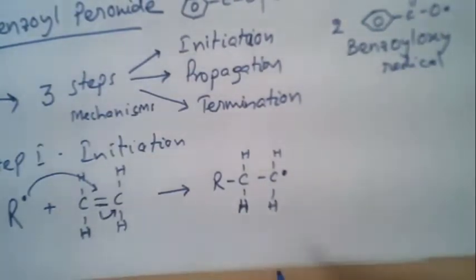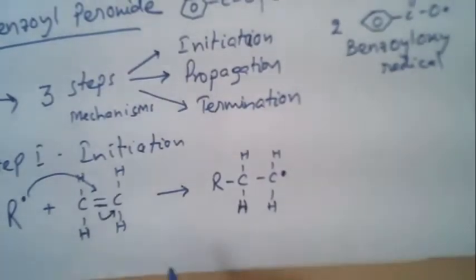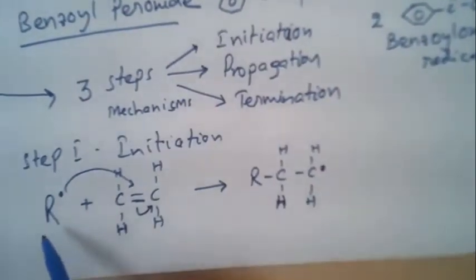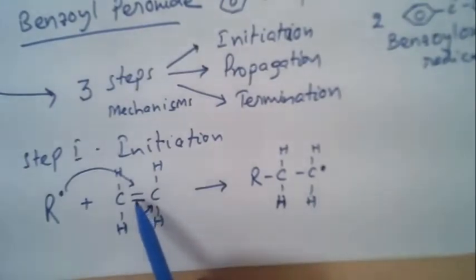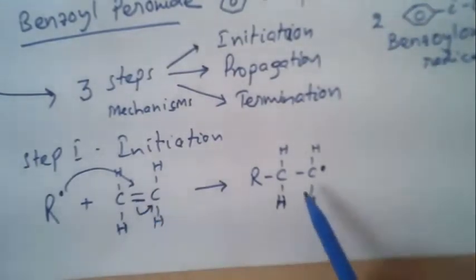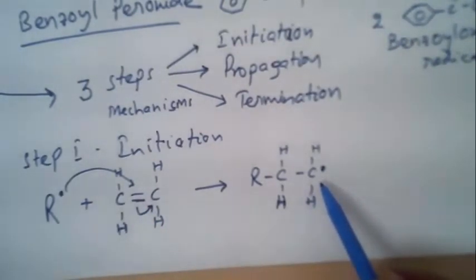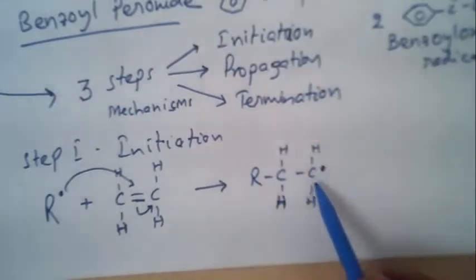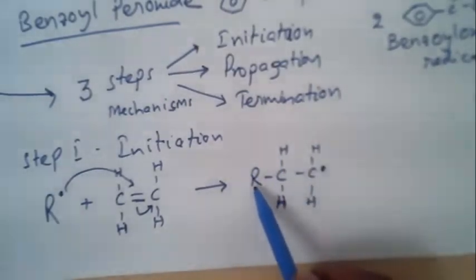This is the initiation step. In this step, the free radical attacks a double bond to create a free radical of this ethylene connected with R.